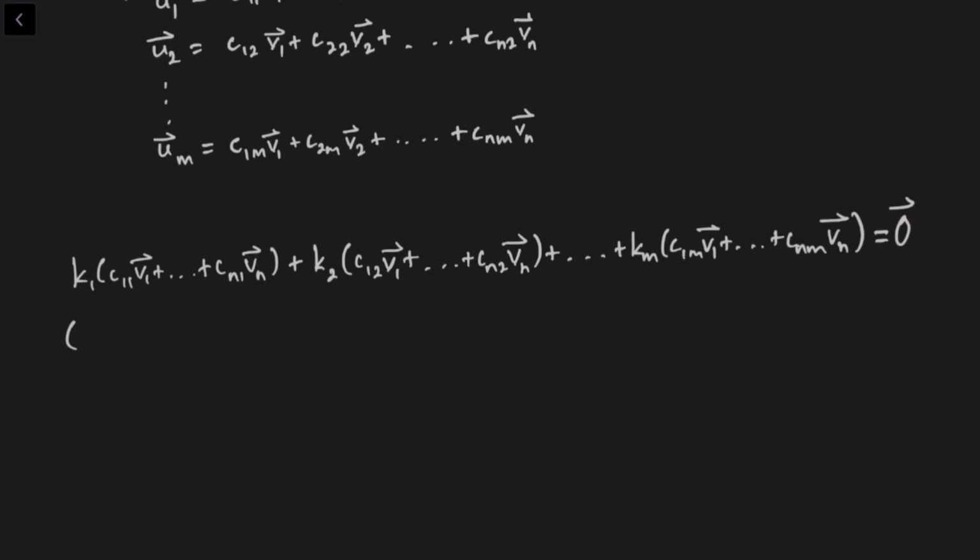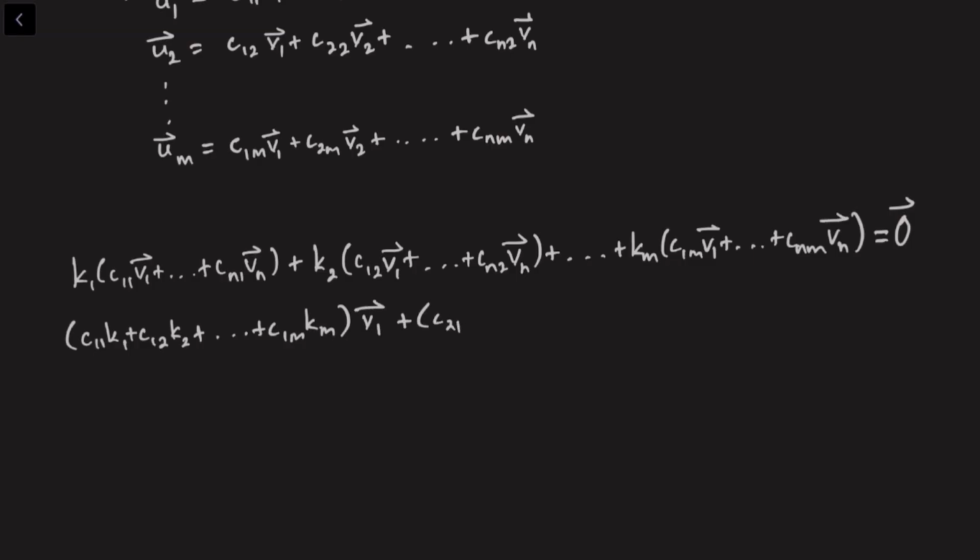So for example, we have c11 k1 plus c12 k2 plus up to c1m km. All of these are coefficients of v1, right? And we can do the same with all the v's.